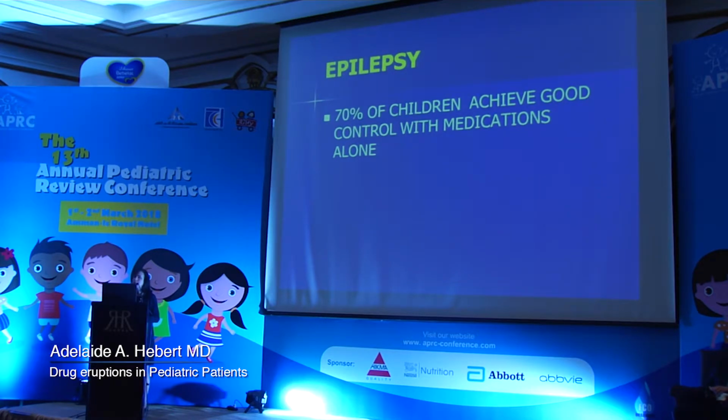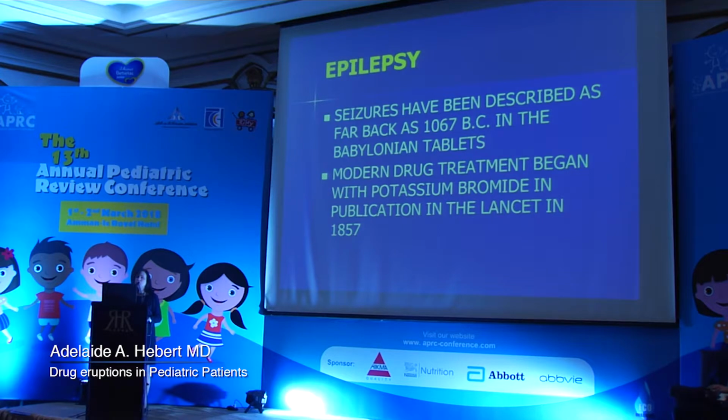Now, epilepsy. We know that about 70% of children can achieve very good control with oral medications alone. And therefore, this discussion is very germane to that population. So what is the history of epilepsy as we know it in medicine? Well, actually, seizures have been described as far back as 1067 BC in the Babylonian tablets.